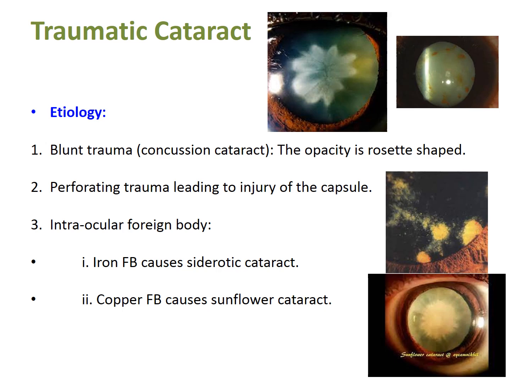If we have an iron foreign body, we may have siderotic cataract with these brownish deposits which look like rust in the lens, or a copper foreign body, which may have the form of sunflower cataract. So the iron foreign body causes siderotic cataract, and the copper foreign body causes sunflower cataract.